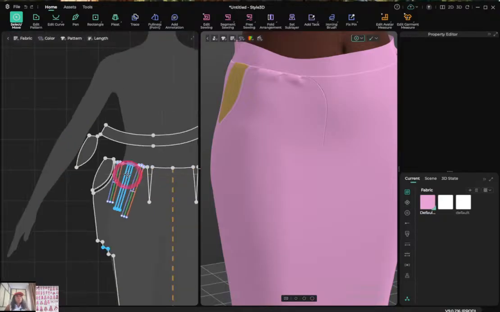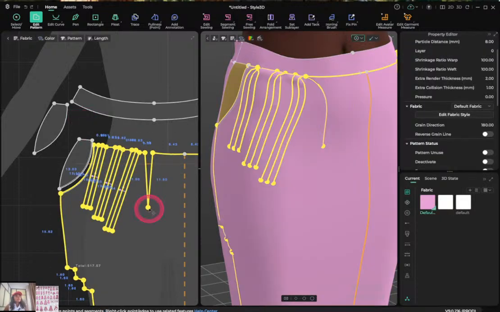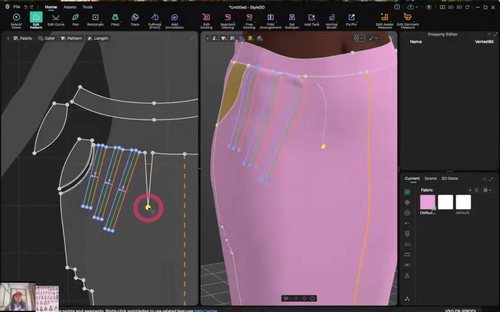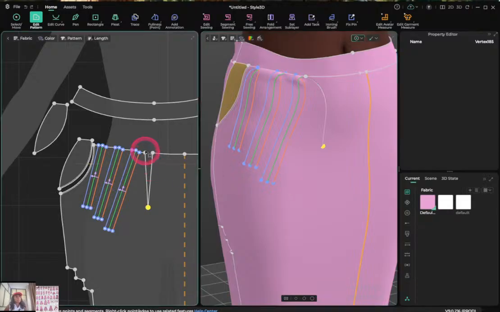So I think what I'm going to do altogether is delete this dot, right? Delete.